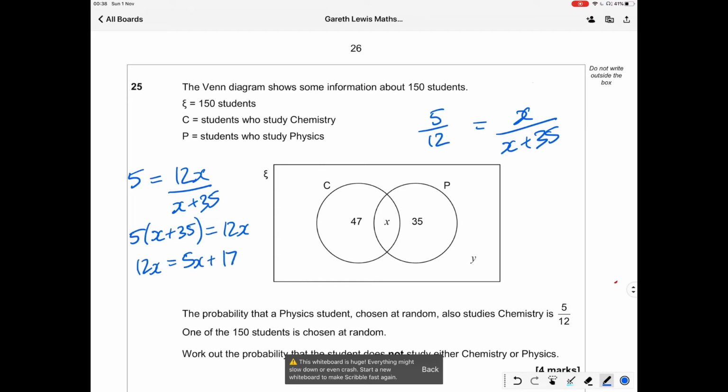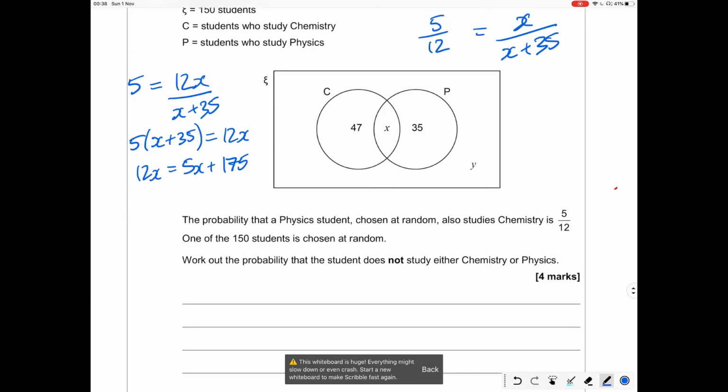If I multiply out that bracket then, on the right hand side I get 5x plus 175. So 12x equals 5x plus 175. And then if I subtract 5x from both sides, I get 7x equals 175, and divide that by 7 and you'll get x equals 25.